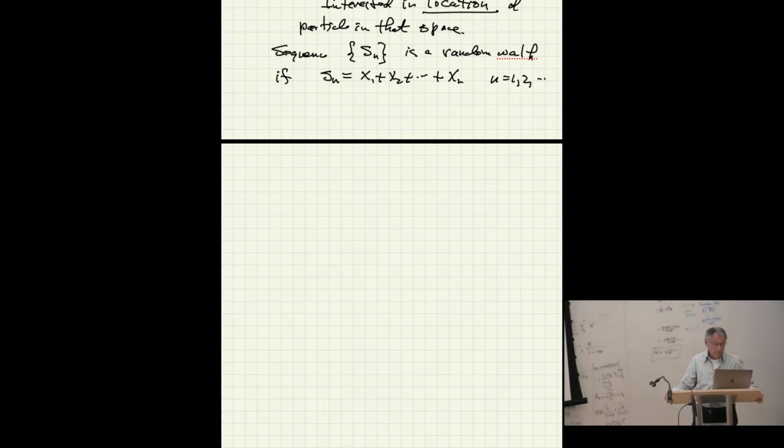You're adding up a number, basically. And we'll set S0 equal to 0, just to get it started. And what is xi?